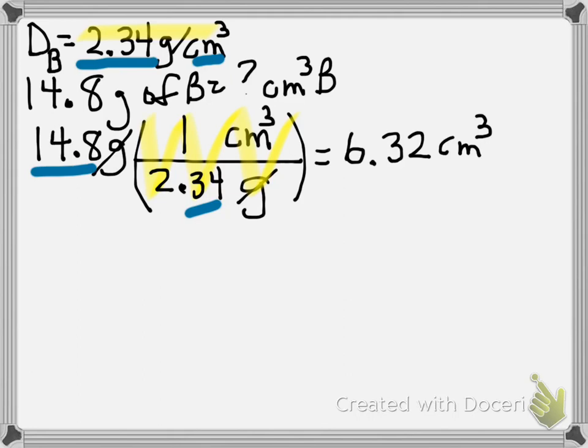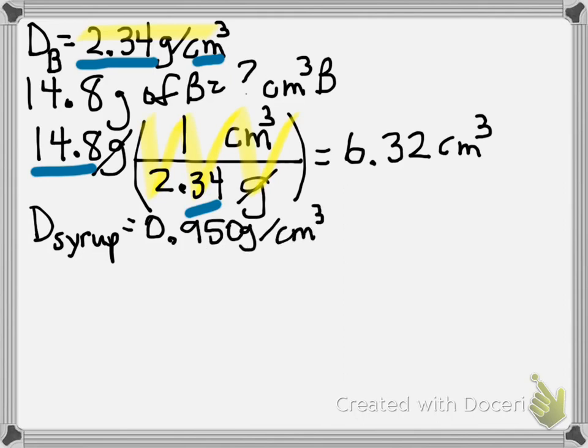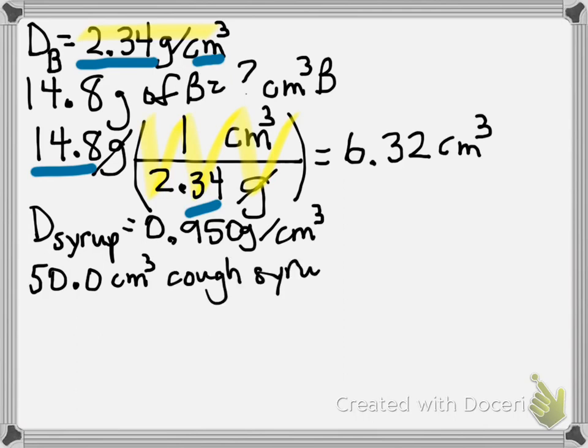Our second example, we're going to talk about some density of a cough syrup. And the density of this cough syrup is 0.950 grams per cubic centimeter. If we have a volume of 50 cubic centimeters of the cough syrup, how many grams of the cough syrup do we have?